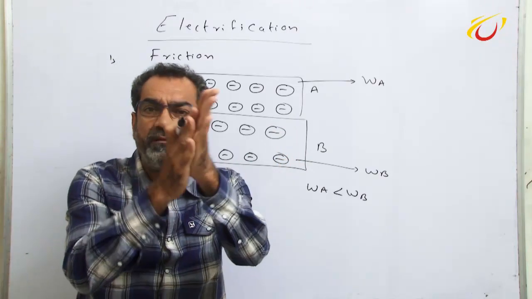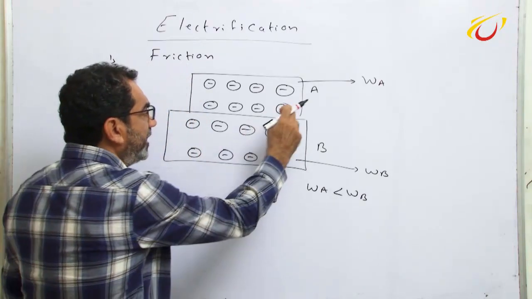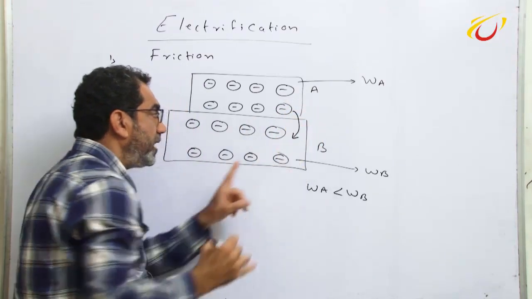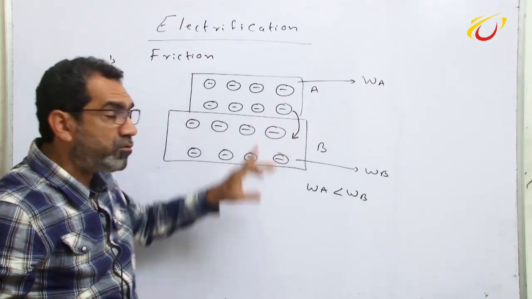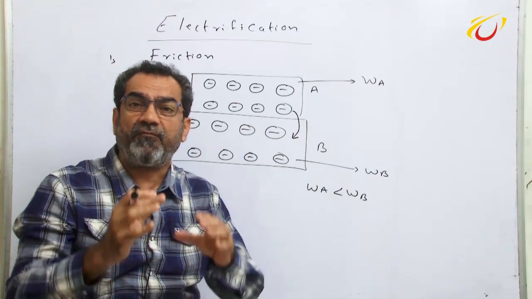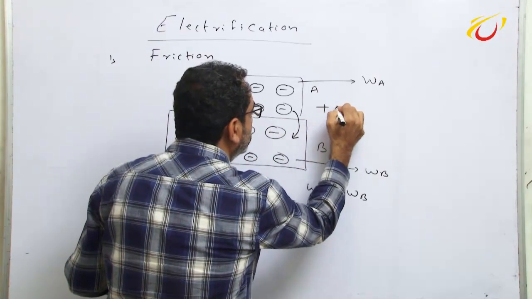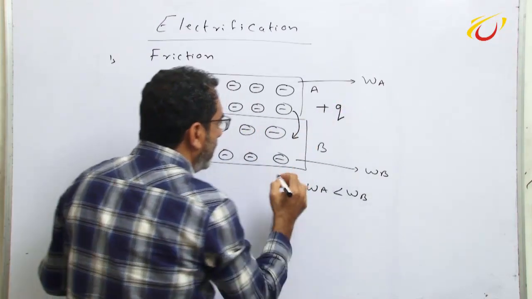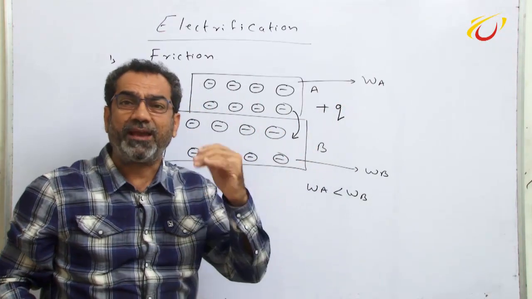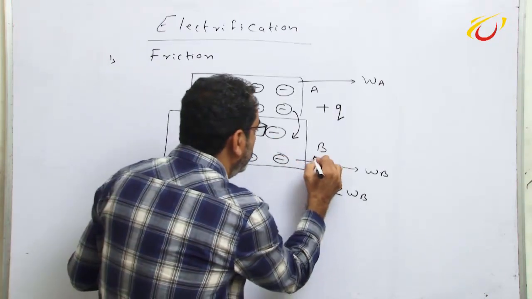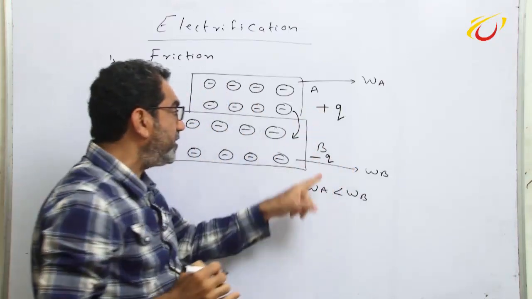When you start rubbing, what will happen? Due to kinetic energy, and since the work function here is less, the electrons will transfer to body B. When there is a deficiency of electrons, the number of electrons becomes less, and this becomes a positively charged body. Here, due to the excess of electrons, it becomes a negatively charged body. Just have a look.